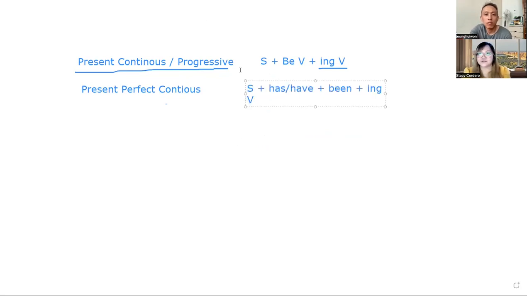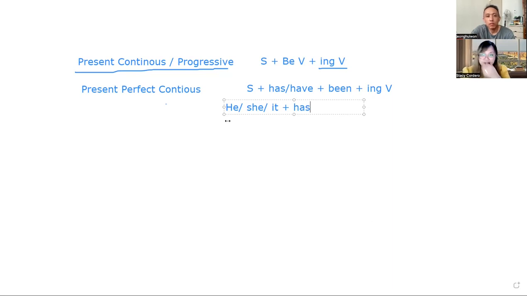Okay, so with this, we will be using subject plus has or have plus been plus ing form of the verb. Okay, so with this, if our subject is he, she, and it, then we will be using has plus been plus ing form of the verb.